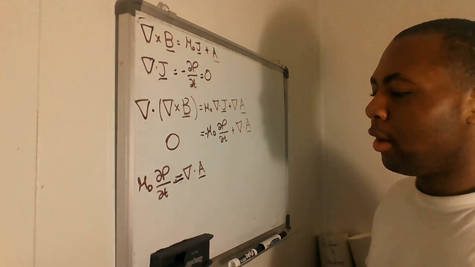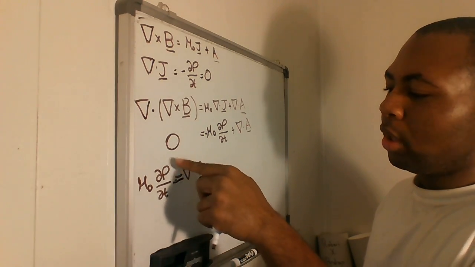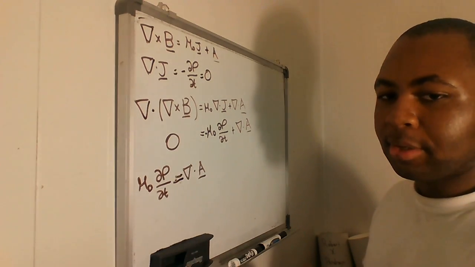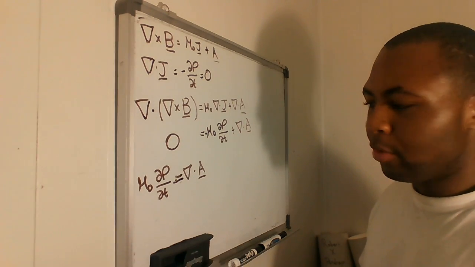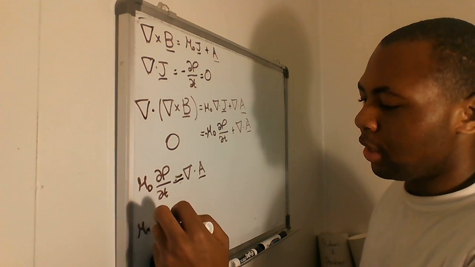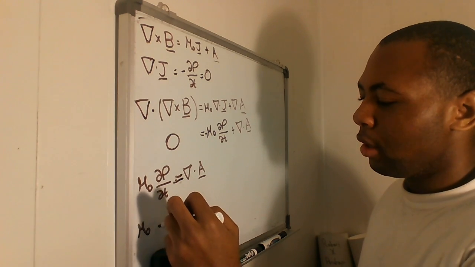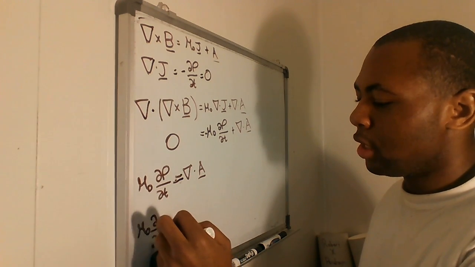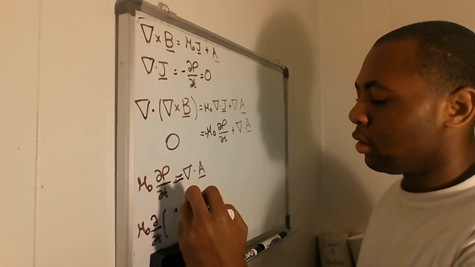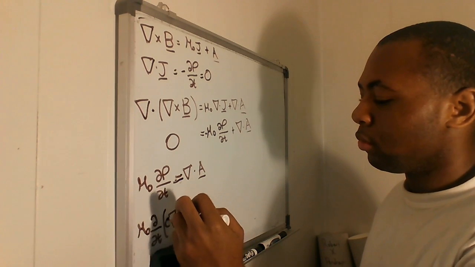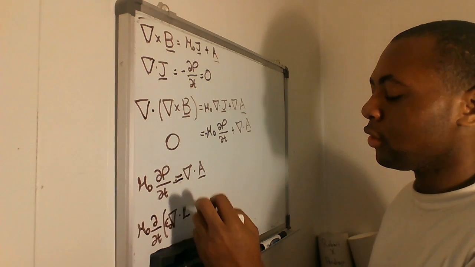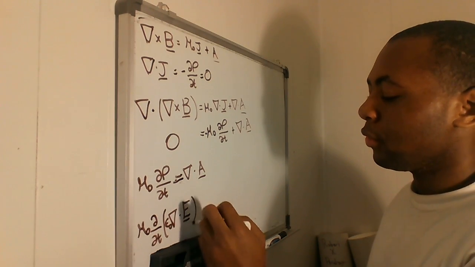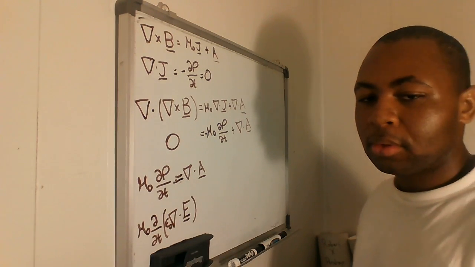But we do know what even a time dependent charge relates to with how it relates with a divergence, in the sense that we have mu naught del t divergence. Well, we have an epsilon naught factor, divergence of a time dependent E field.